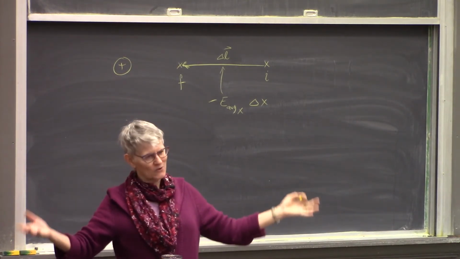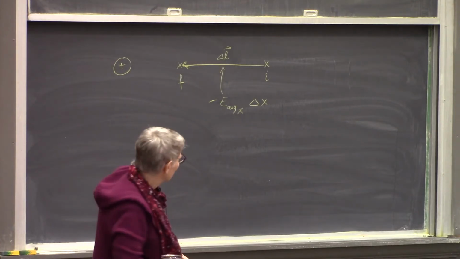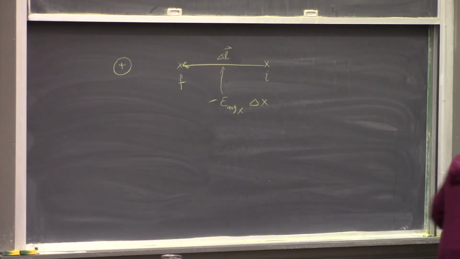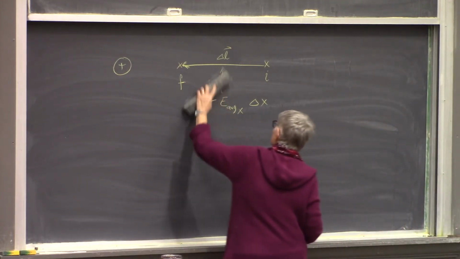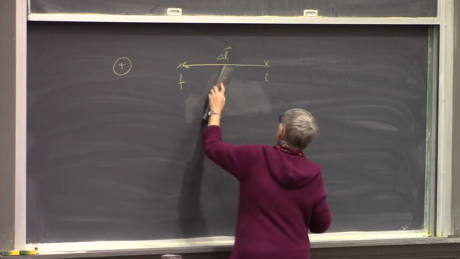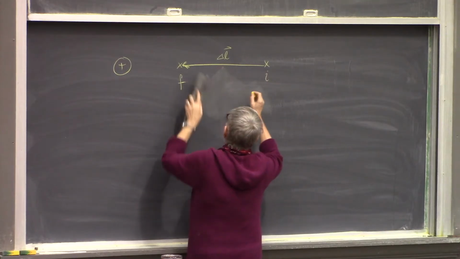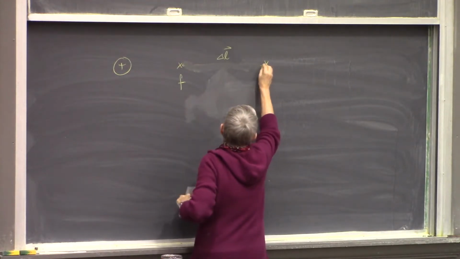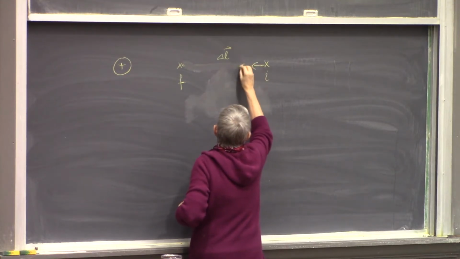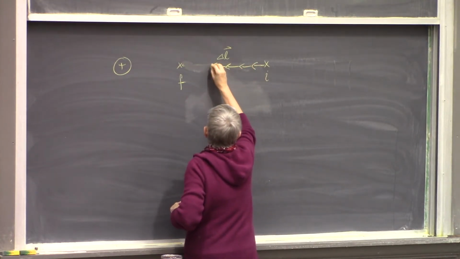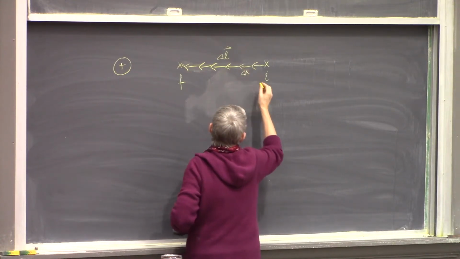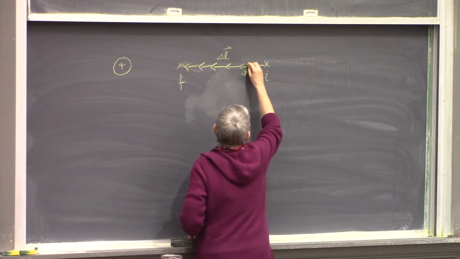We could take smaller steps, right? We could divide this path up into lots of little pieces, delta x, and we could calculate the electric field.